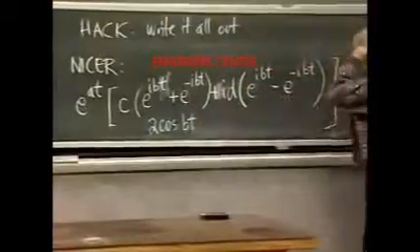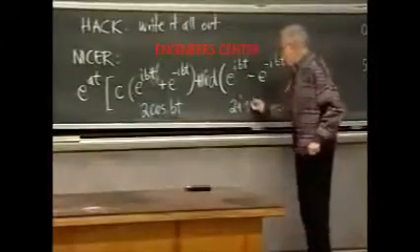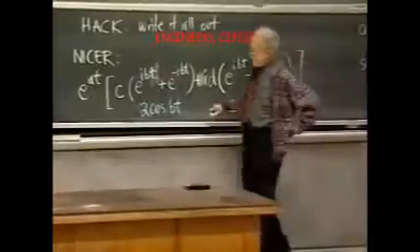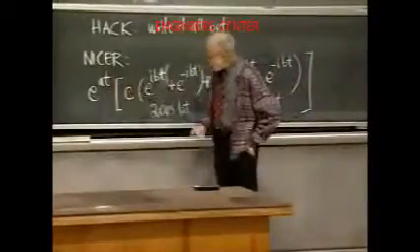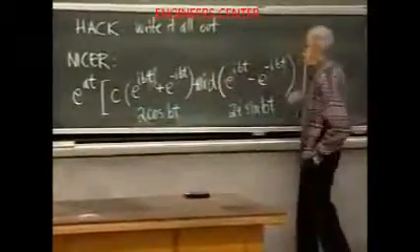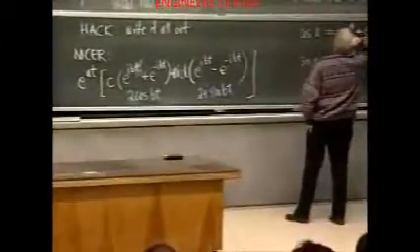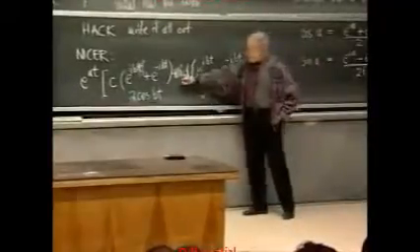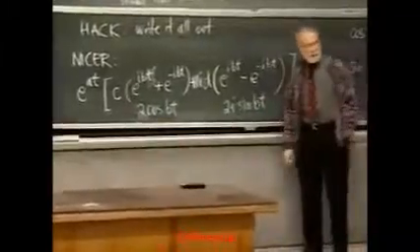This part is 2i times the sine of bt. And so the whole thing comes out to be e to the at times 2c cosine bt plus i times, minus, since i times i is minus, so minus 2d times the sine of bt.